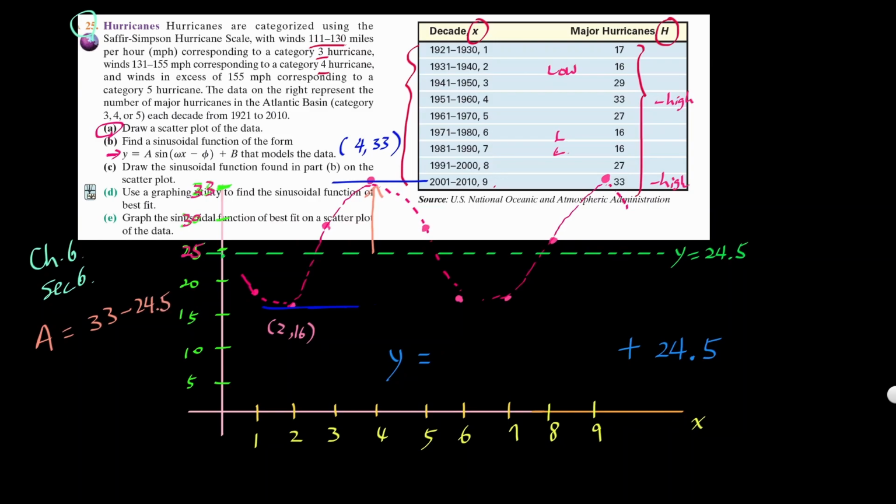I'm going to use my calculator so I don't make any mistakes. 33 minus 24.5 gives me 8.5. That's our amplitude, and then it's going to be sine.